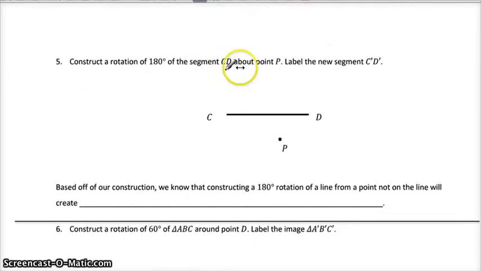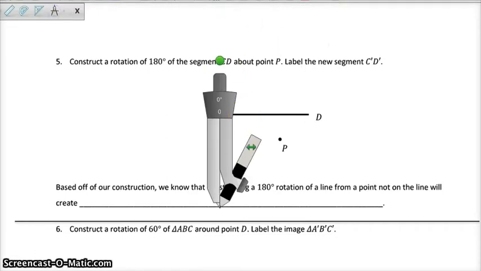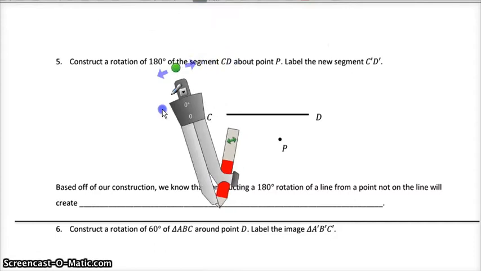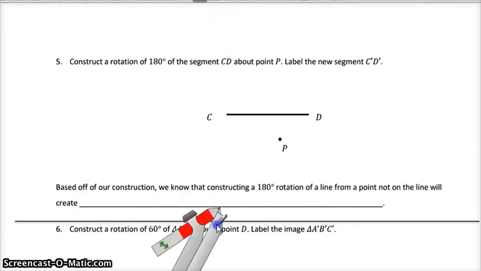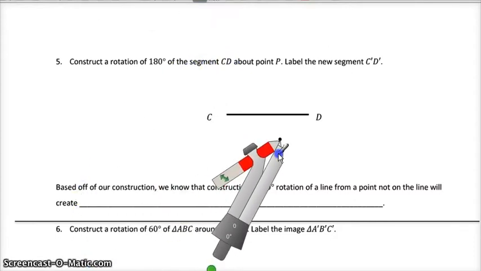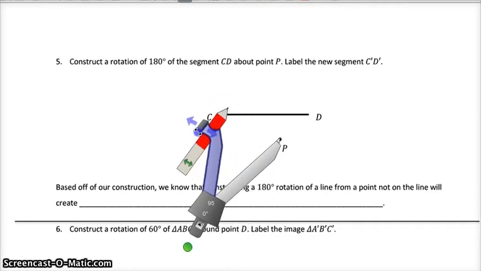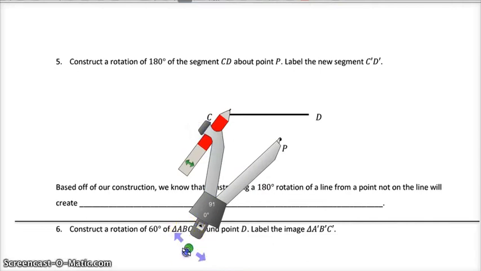However, in 5, when we do this construction, we take our center. Our center is always where the clear piece starts. So we start at P, and you pick either C or D to stretch to first. We'll stretch out to C, and if you did D first, no worries.